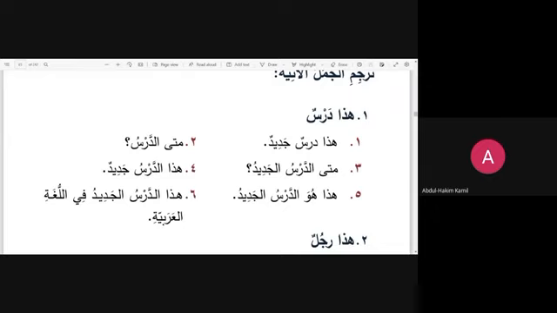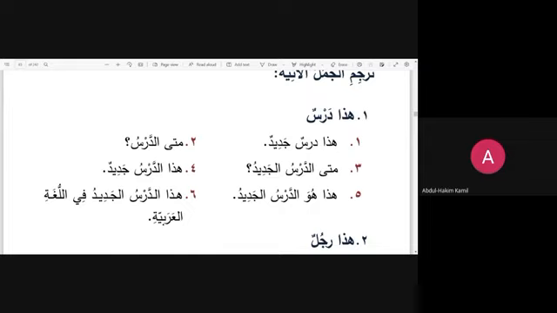Connected to something definite, like Baytu Muhammad, Muhammad's house. What's the sign that something is nakira? A tanween. Baytun. When you hear that tanween, that means it's indefinite. A house. Whose house is it?